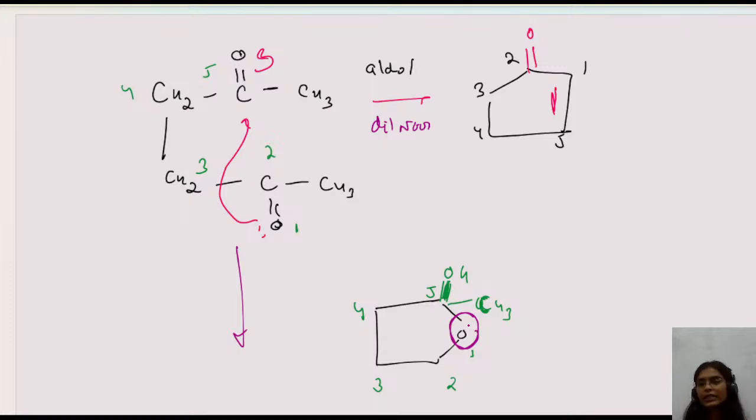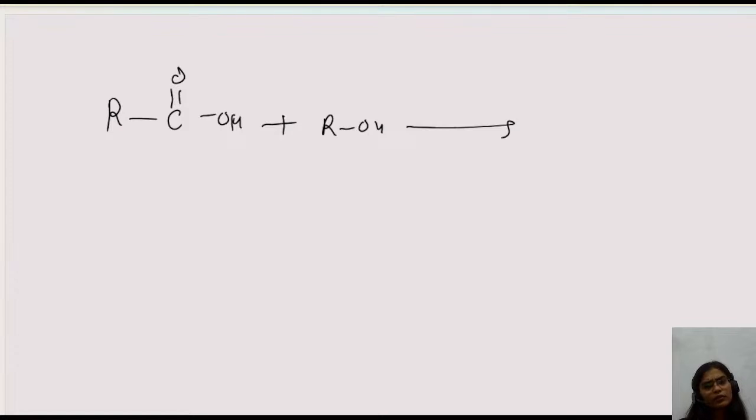Or the second condition: if you remember everyone, suppose I'm having an acid, or some R which is there. Remember this thing? If you're using alcohol plus acid, esterification has to be there. So it means that CO R. So what is it?